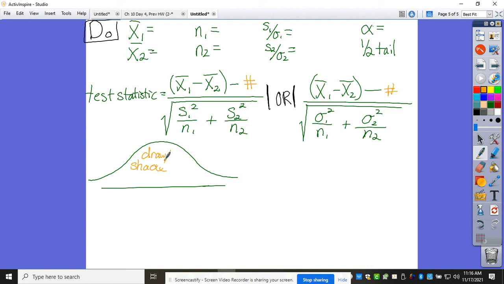From this curve, I get what? A p-value, and I'm going to compare it to alpha, just like the way I usually write it, less than or not less than.